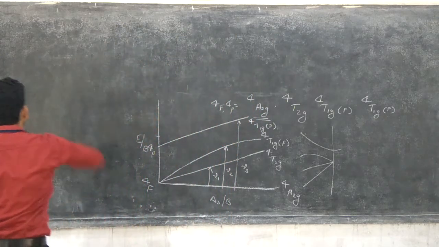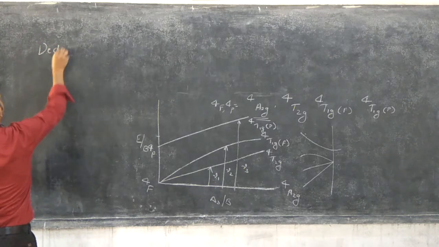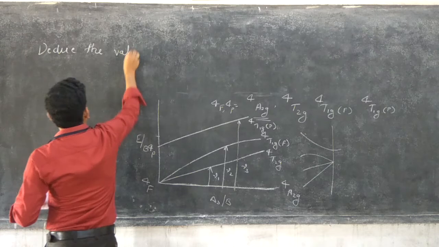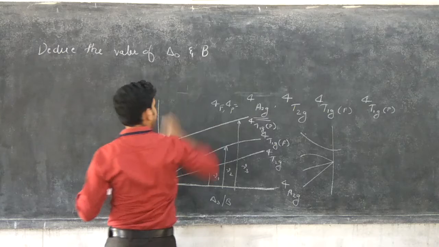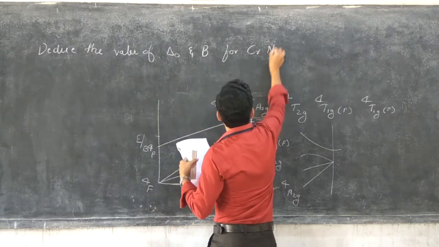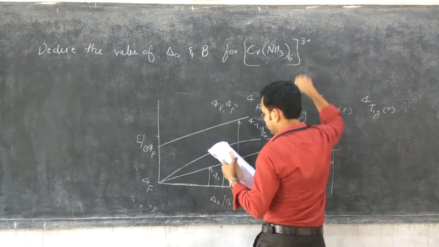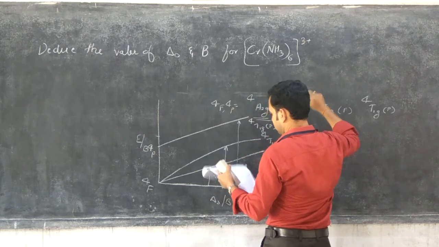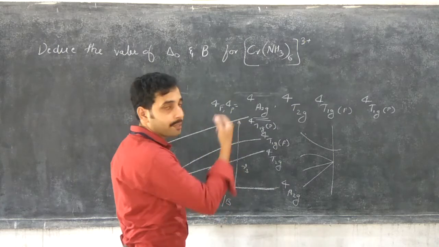Example: deduce the value of delta naught and B, Racah parameter, for the complex [Cr(NH3)6]3+.